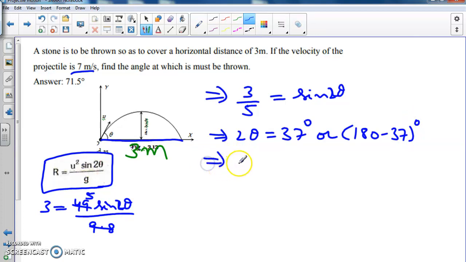So this implies theta is equal to half of 37 degrees, which is 18.5 degrees, or half of 143 degrees, which is 71.5 degrees. We have two answers for this.